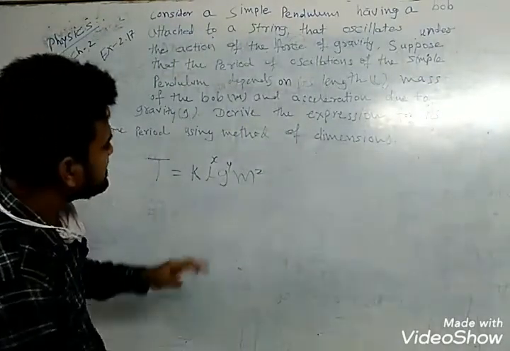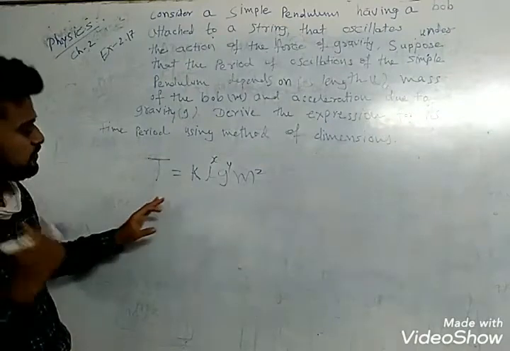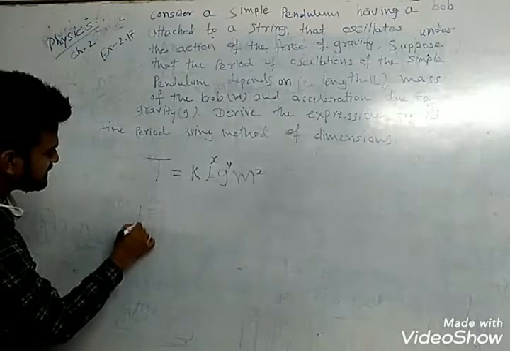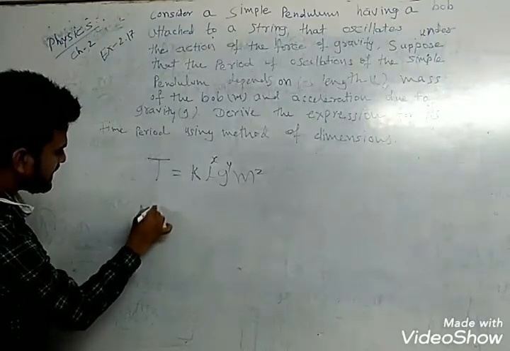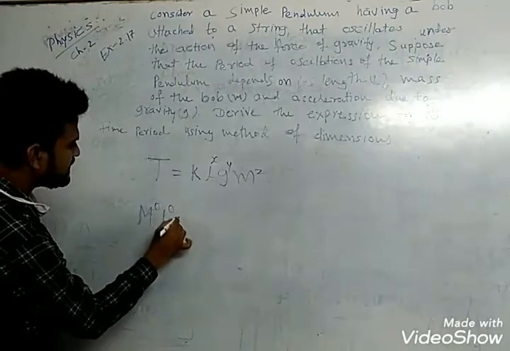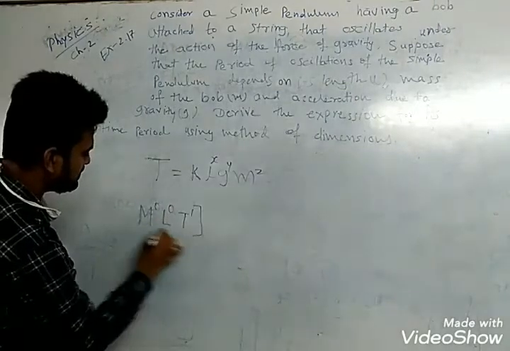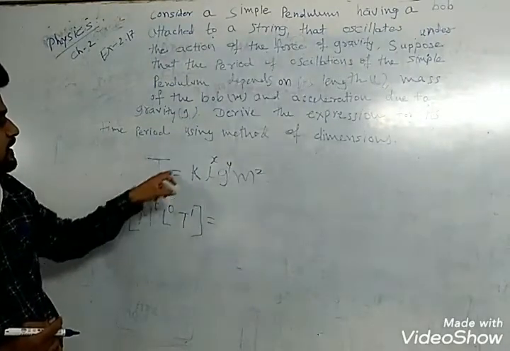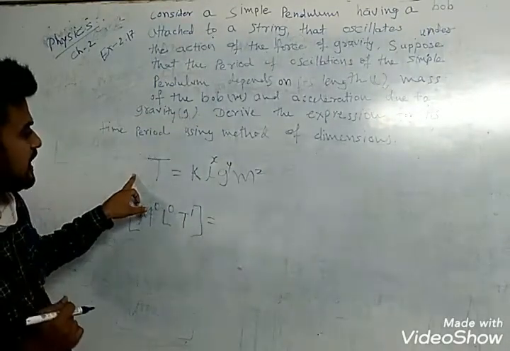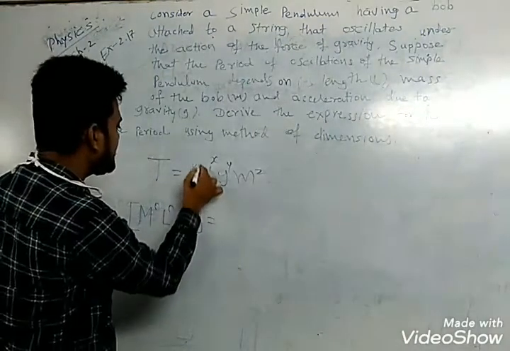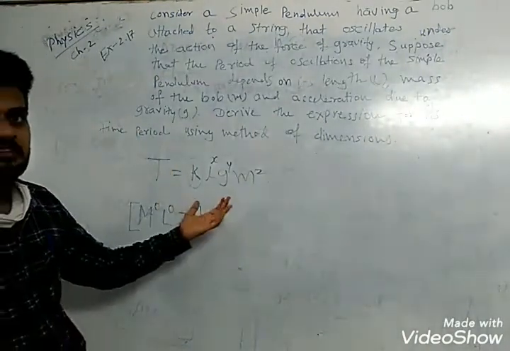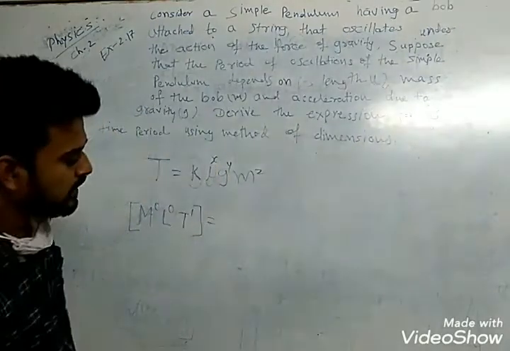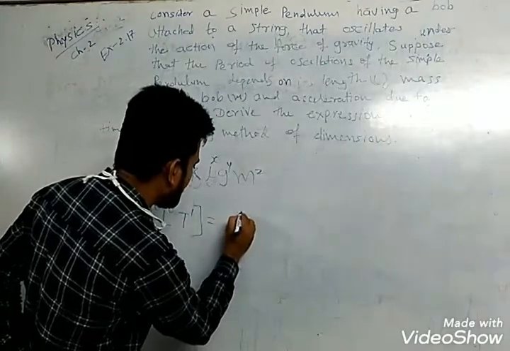Now by considering dimensions on both sides, first, for capital T, we have M⁰L⁰T¹. On the right side, k is a constant value, dimensionless. Next is small l, meaning L¹, raised to x.